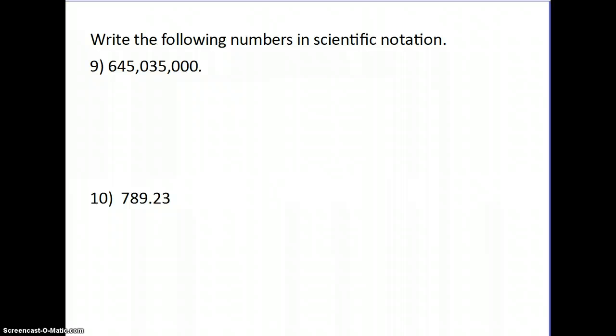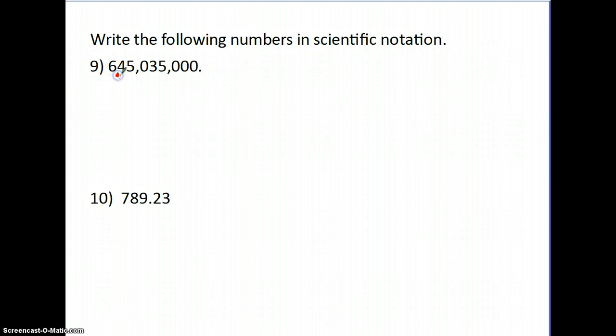Number 9, write the following numbers in scientific notation. Okay, let's look at number 9. We have 645,035,000. Okay, and I know my decimal needs to be where there's only one number to the left of it.